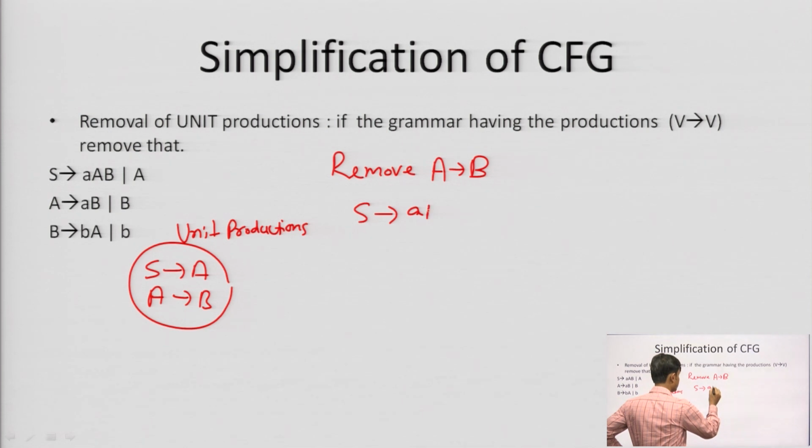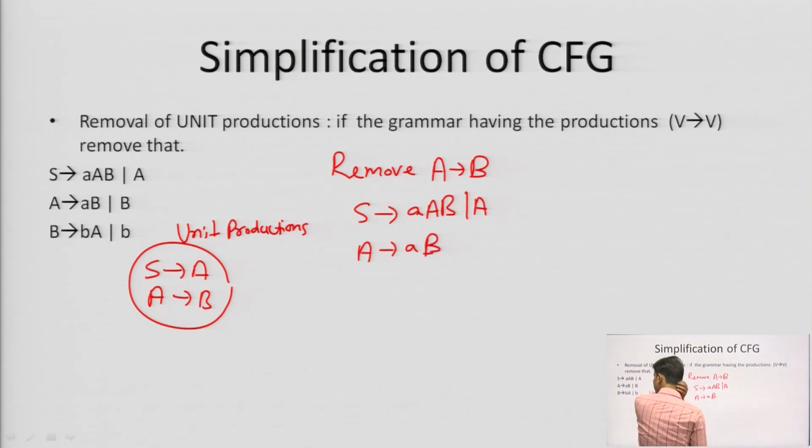This is A, B, A, then what you have to do? This is A to A, B and B. B will be removed.